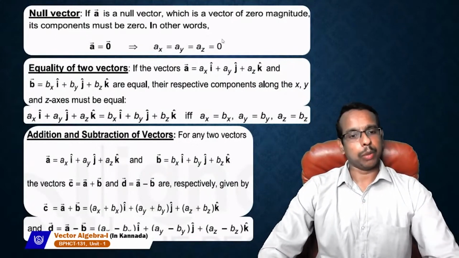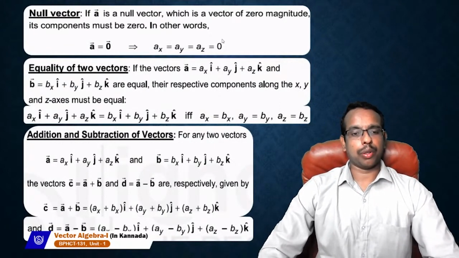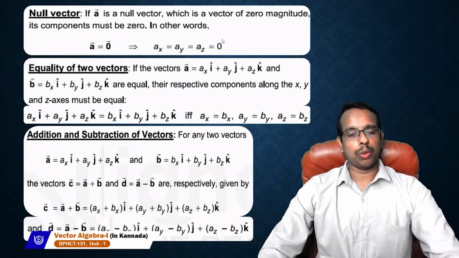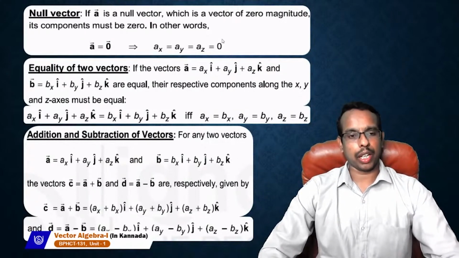Just replace A and B with their components, and then obviously you have to get their directions, that is i, j and k. So consider C is equal to vector A plus vector B. How do you add vector A and vector B in component form? Just split it: Ax i cap plus Ay j cap plus Az k cap plus Bx i cap plus By j cap plus Bz k cap.